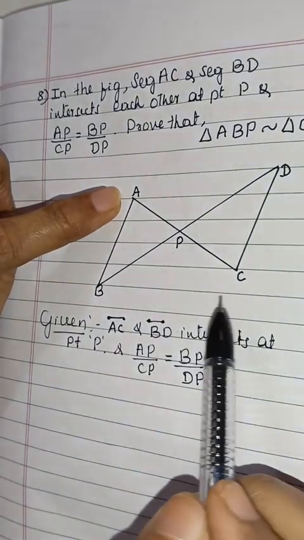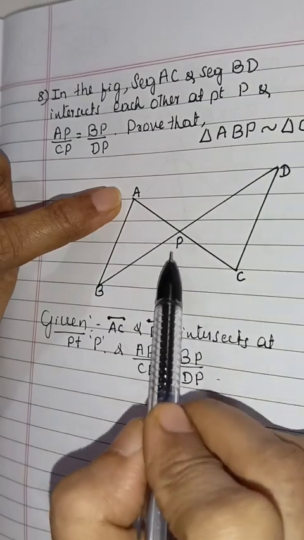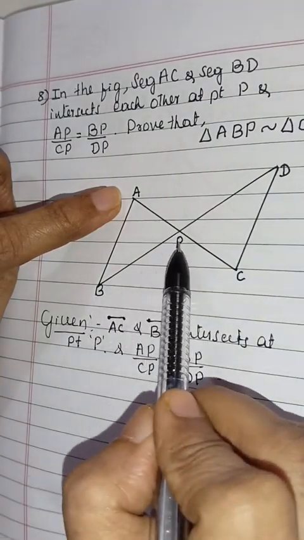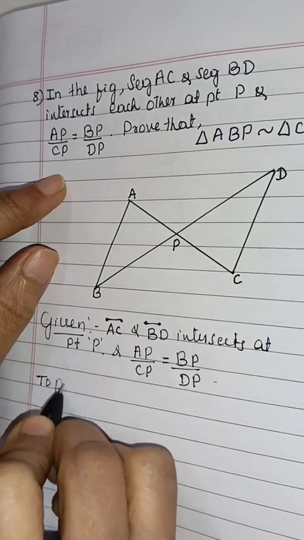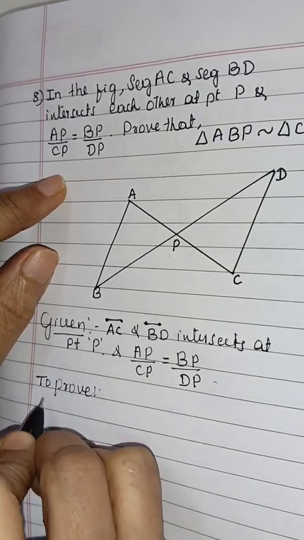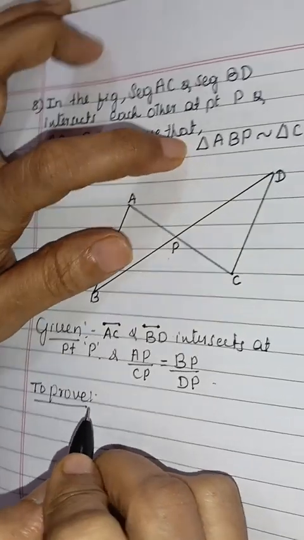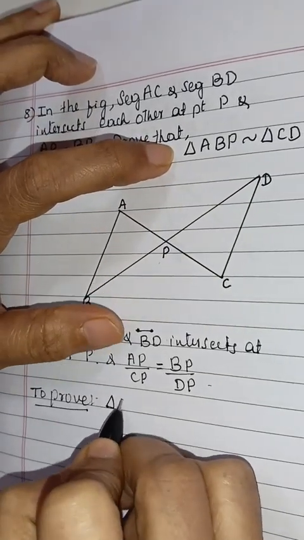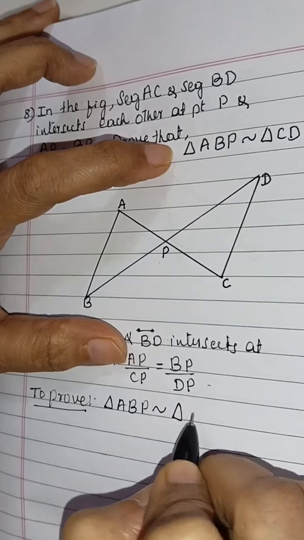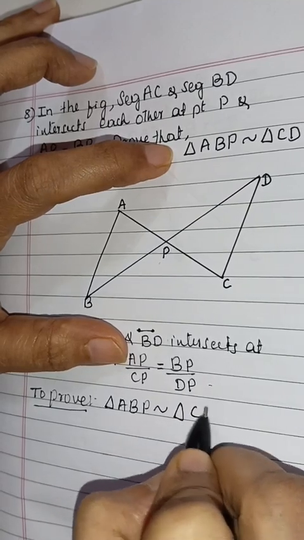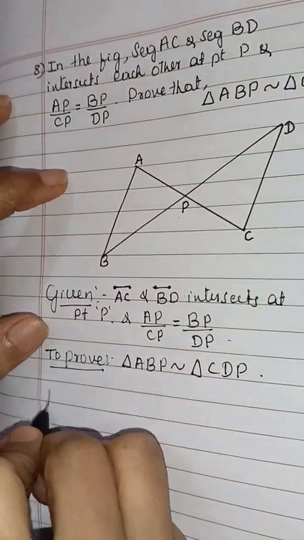To prove what? To prove triangle ABP is similar to triangle CDP. Okay, to prove. Now proof.